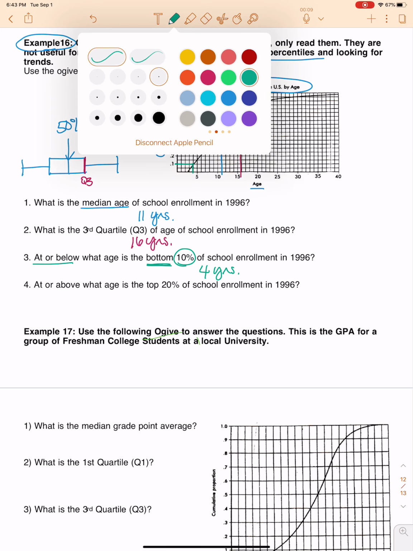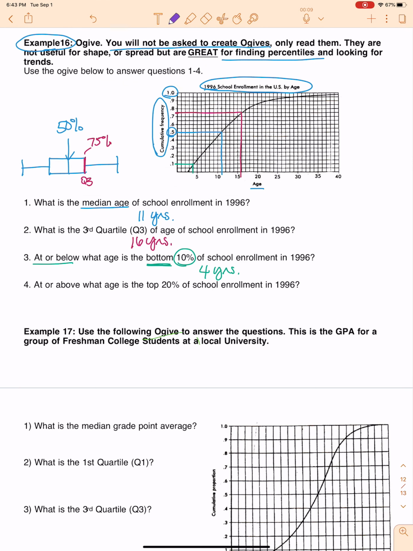All right, so now, I know I'm getting out of control with the colors, but it's fun. All right, so number 4, at or above what age is the top 20% of the school enrollment? Okay, top 20%. So what are we going to do? We're going to come up here to 0.8. That's right, kids, because the top 20 is, there you go.